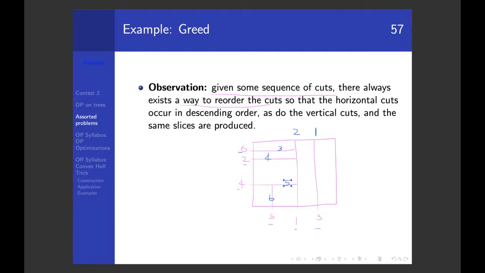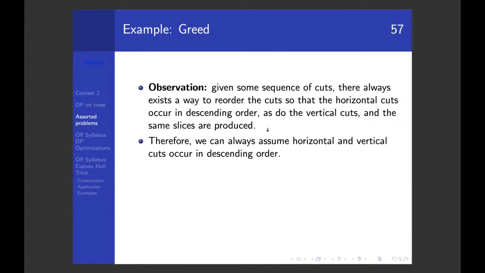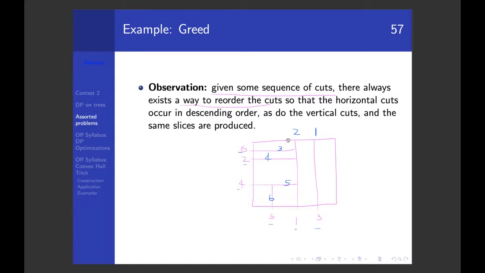This observation makes sense. The hand wavy proof is that because we can always cut from the left, so I guess I've got the more formal proof here. Okay, the idea is that when we do this cut here, we essentially block everything on this side from future impact, because no horizontal slice is ever going to get past us again.